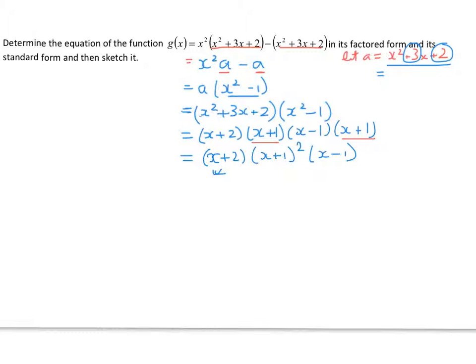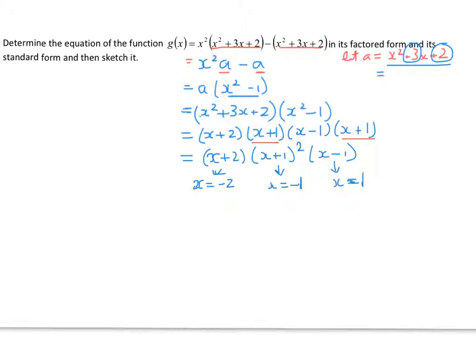So my x-intercepts would be: x equals -2 comes out of that factor. x plus 1 equals 0 means x equals -1. And this last one, x would equal +1. There we go. So I know my x-intercepts.